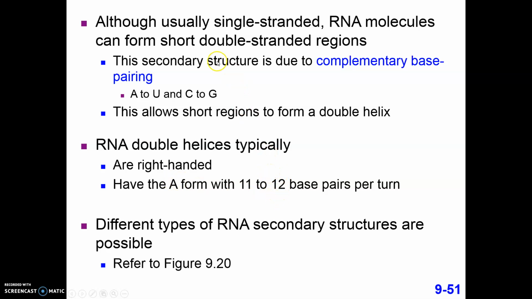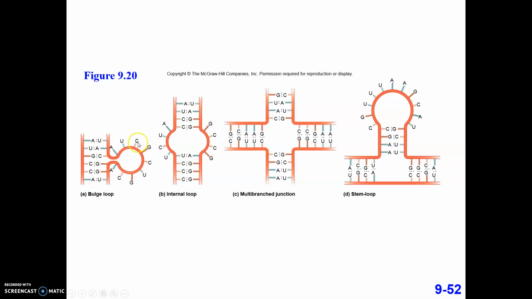And the fact that you can form these self-bonded double helix regions allows you to take several different conformations. So here, for example, we have one strand here, and you can see it has AUGCCA.